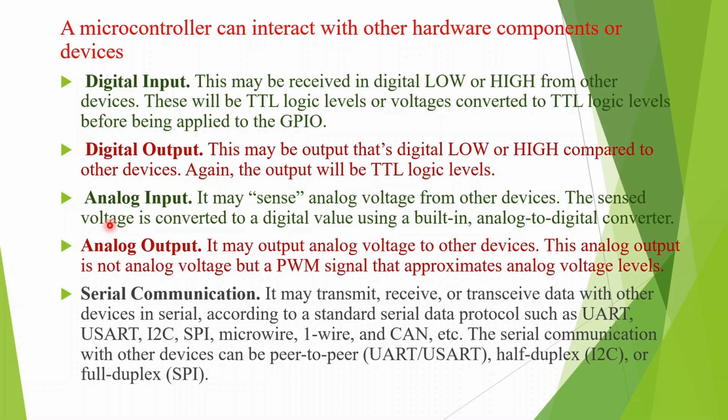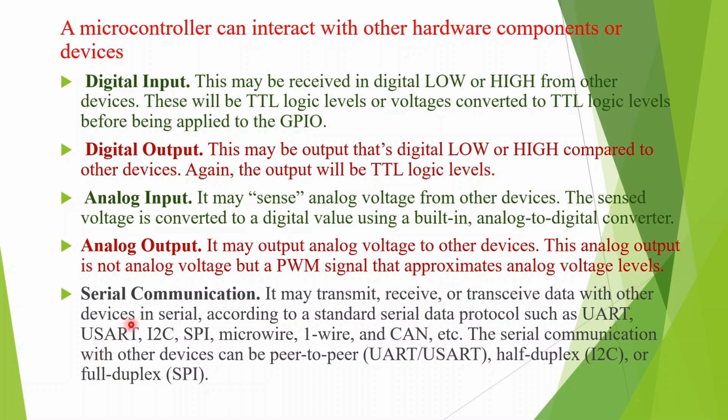Analog input, it may sense analog voltage from other devices. The sensed voltage is converted to a digital value using the built-in analog to digital converter. Analog output, it may output analog voltage to other devices. This analog output is not an analog voltage but pulse width modulated signals that approximate analog voltage levels.